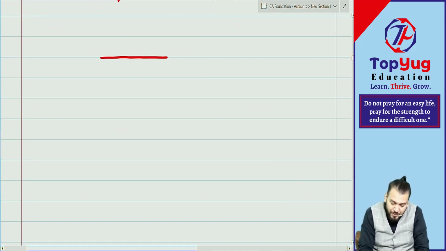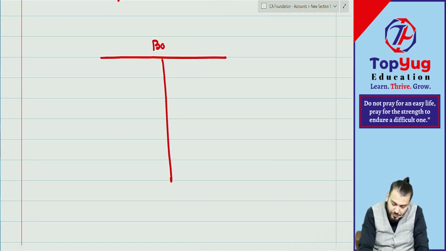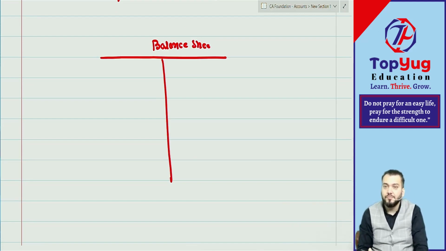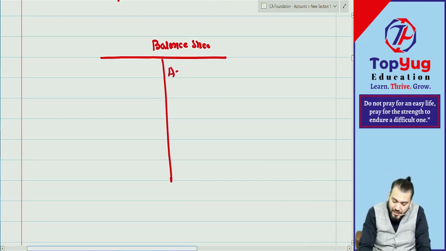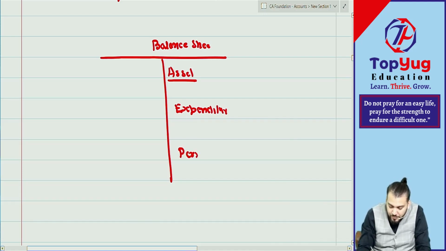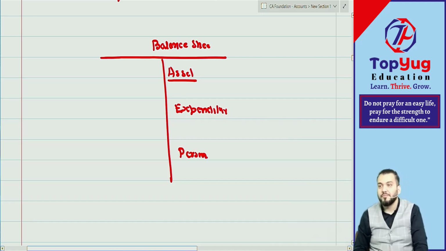Now, if I prepare a balance sheet, in the asset side there can be an expenditure or there can be a person. Yes or no? Both are assets.